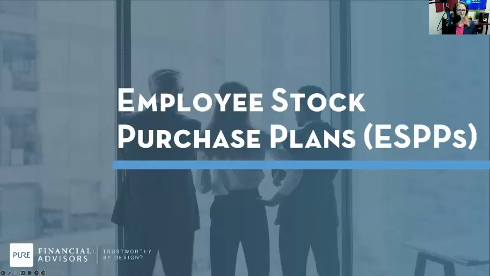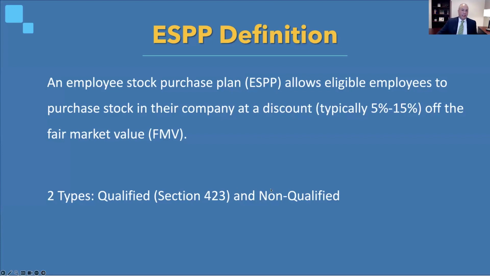Okay, well, let's go to employee stock purchase plans. ESPPs allow employees to choose to buy shares of the company stock, typically at discounted prices. There are two types of plans: qualified or Section 423 plans and non-qualified.